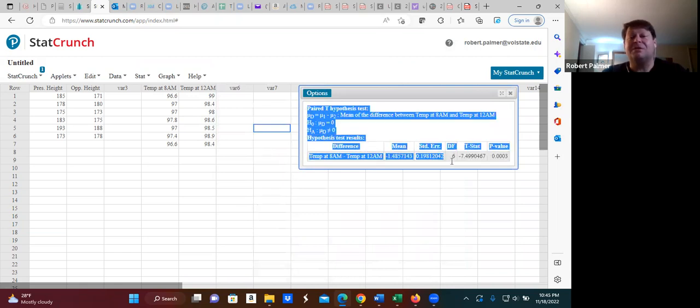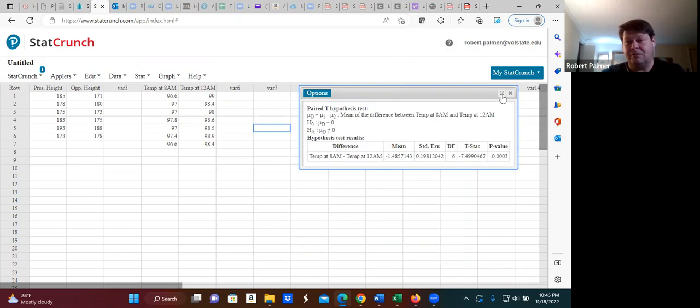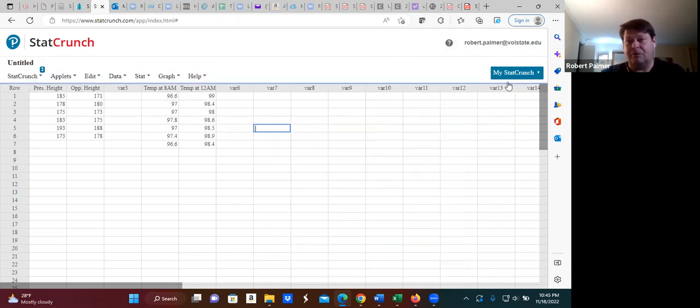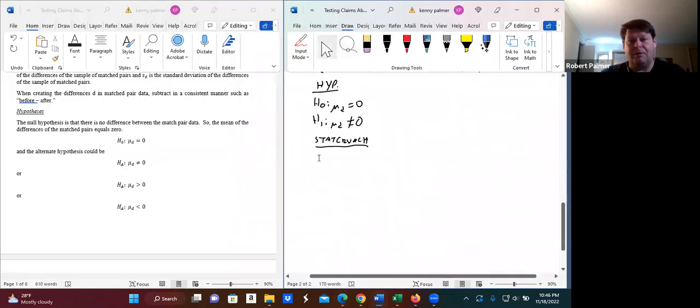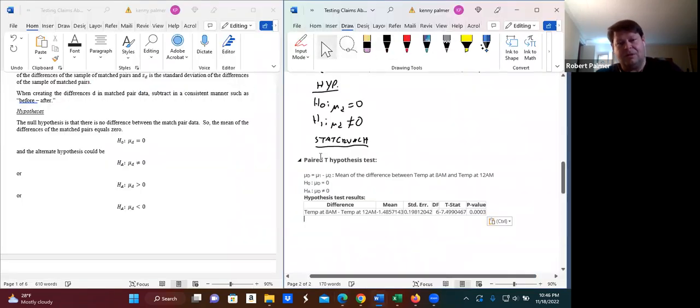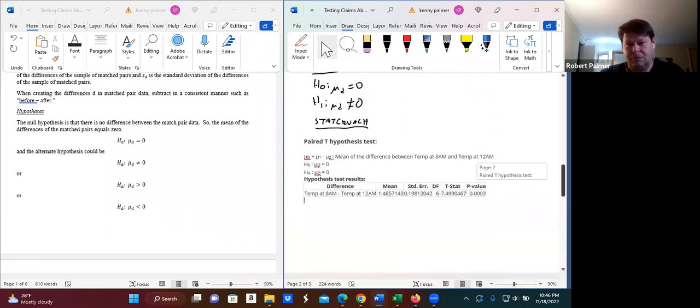So once again, let's copy this data into our Word document so we can use it, and we'll come back right here and plug it in. And let's see what we have. Okay, so we just need our t-statistic.